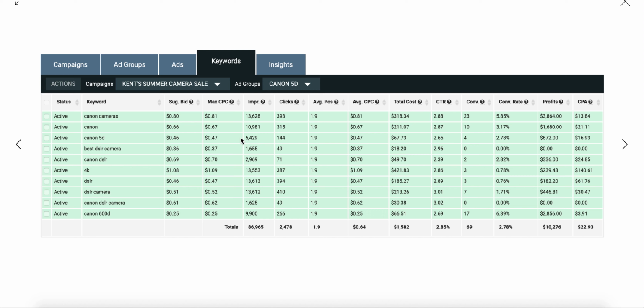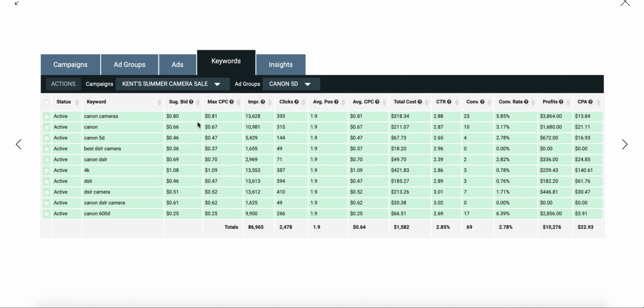One thing that this doesn't show were the actual monthly searches, which I wish that this did because, for anybody just looking at this, there's no background information. So this Canon DSLR camera had only 1,625 impressions.